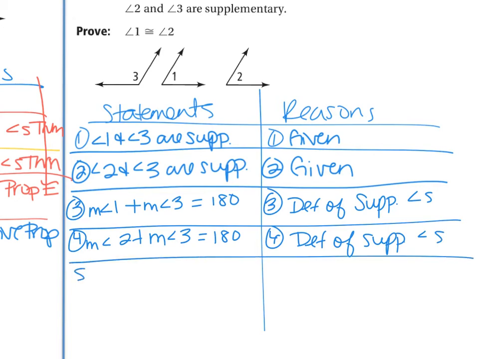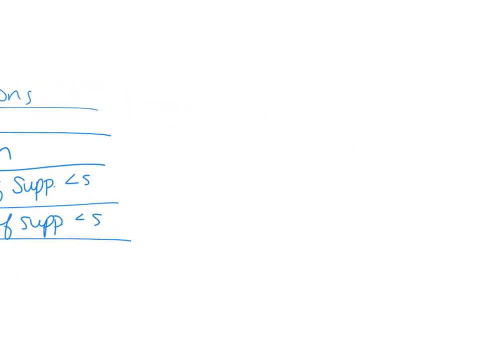Okay. Now, I'm going to go off on a tangent for a second. Say I had 2 plus 3, what would that give me? 5, right? And if I had 1 plus 4, what would that give me? 5.